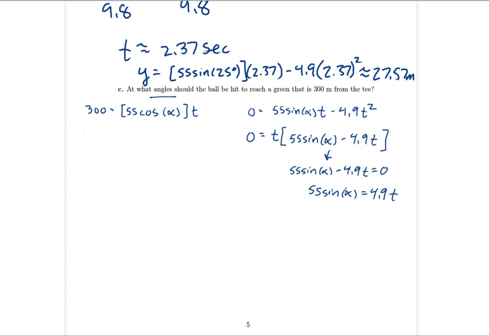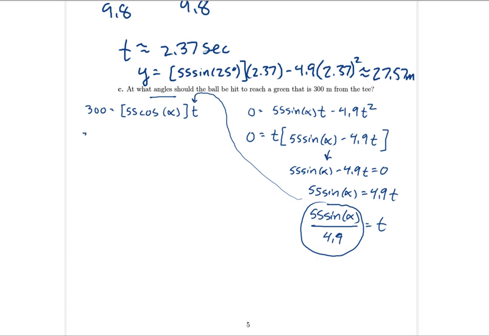All right, and what we find is that my t is equal to 55 sine of alpha divided by 4.9. Now, that just gives the relationship between t and alpha, but what it does allow me to do then is take this and then go and plug it in where I see a t in the x equation. So we'll go ahead and do that.